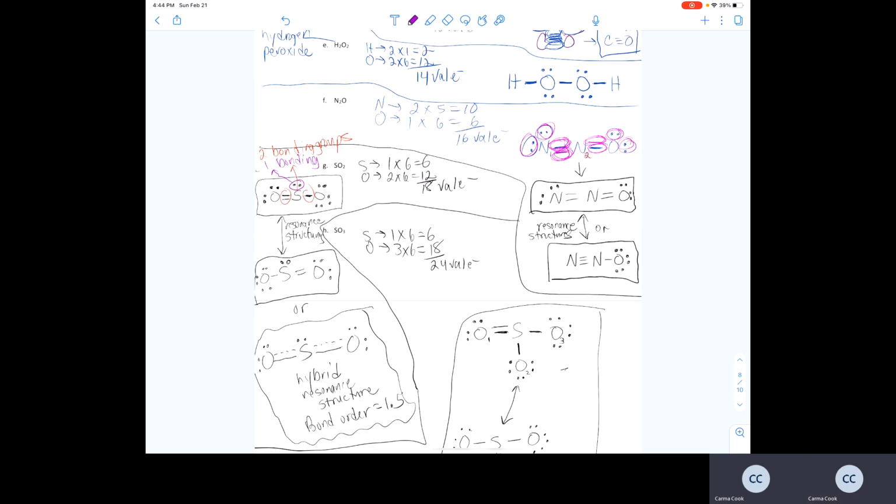One bonding group, one non-bonding group. So that's called a lone pair of electrons that's just sitting on that central sulfur atom. It's not being bonded to another atom. So it's called a non-bonding group. But the single and the double bonds, those are your two bonding groups around that central sulfur.